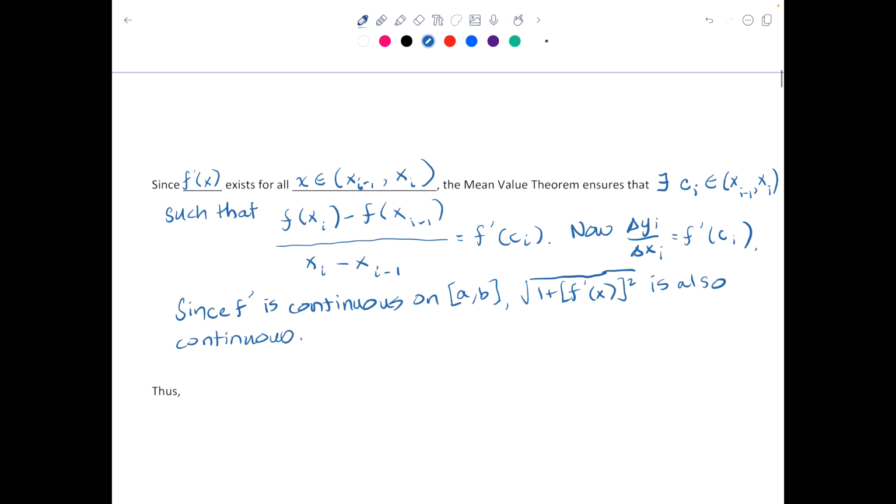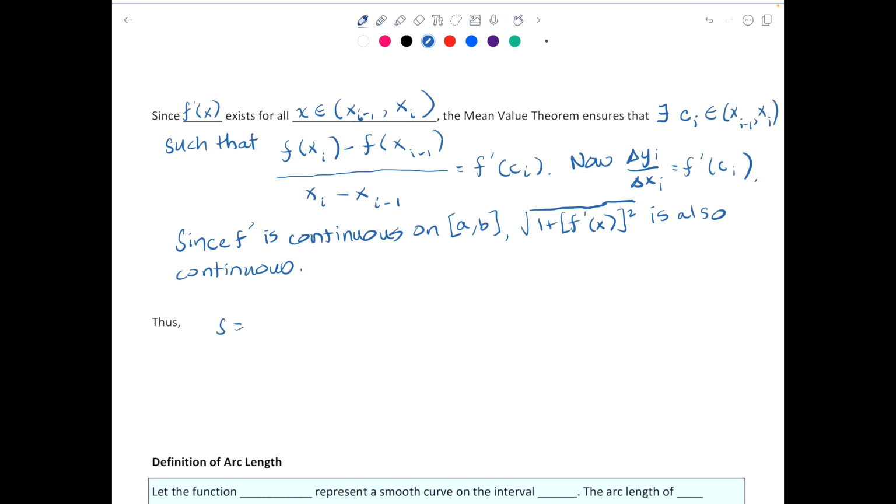Thus, we can take this limit as the norm of delta approaches 0 of the summation from i equals 1 to n of the square root of 1 plus f prime at c_i squared times delta x_i, and rewrite that as a definite integral.